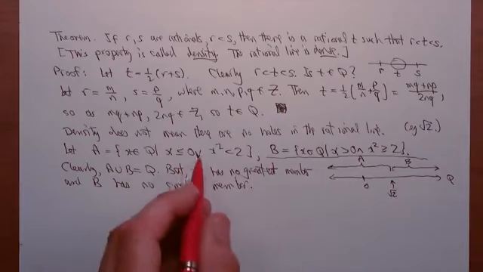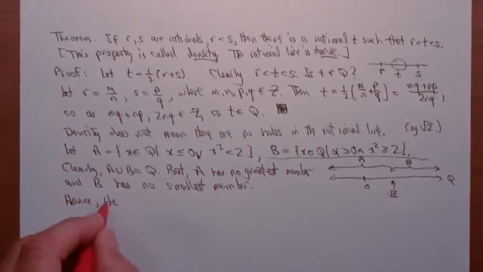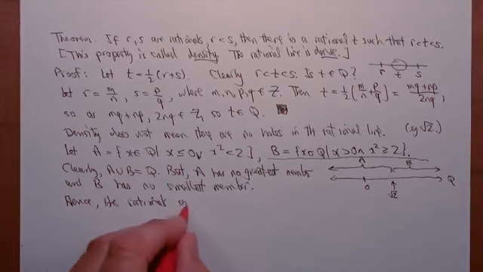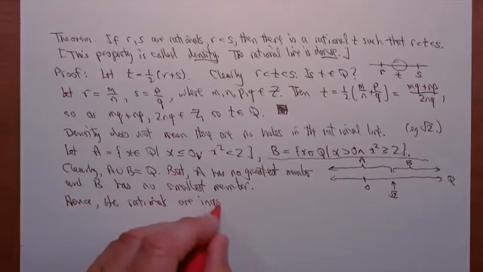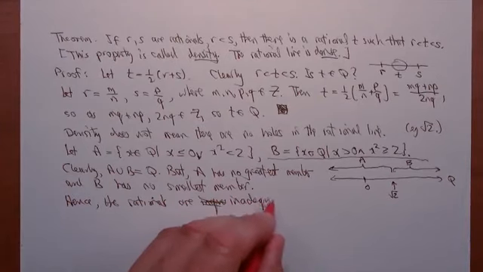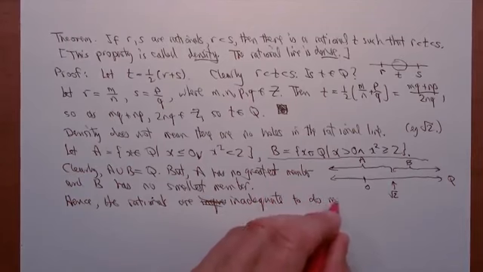What this tells us is that the rationals are inadequate to do mathematics.